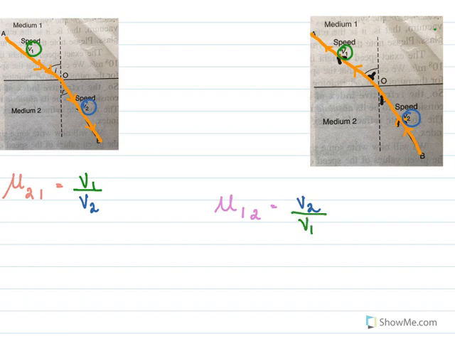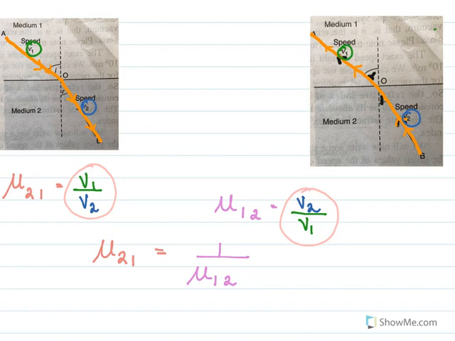If you observe very carefully, you find that the refractive index of 2 with respect to 1 is equal to the reciprocal of the refractive index of 1 with respect to 2, because here we have V1 over V2 and here we have V2 over V1.